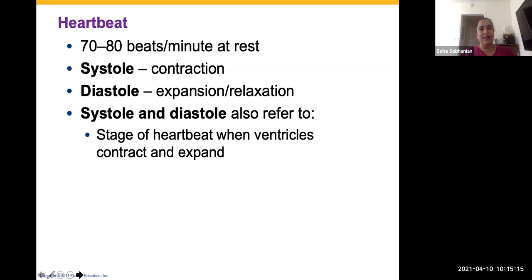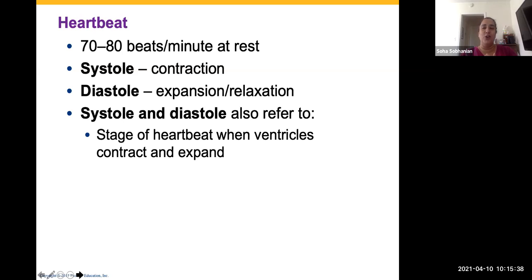So the heart rate decreases as the child grows into adulthood. The process of the heartbeat has two steps. We already know we have contraction and relaxation. The contraction phase is called systole, and the relaxation phase is called diastole.